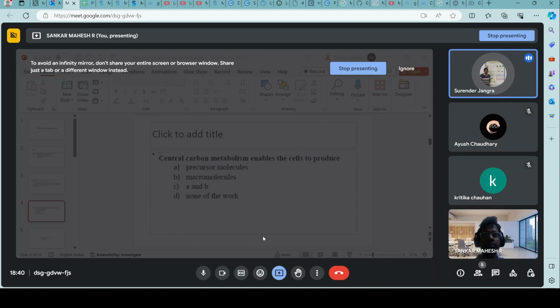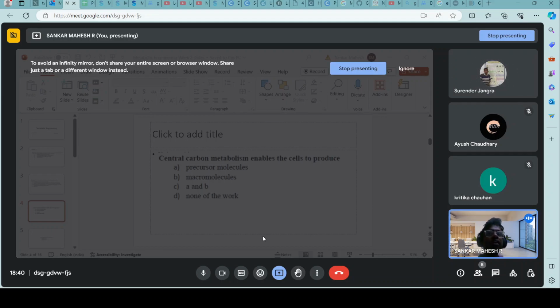By the process of glycolysis and the TCA cycle, many small metabolites are produced, meaning precursor molecules, like pyruvate, acetyl CoA, dihydroxyacetone phosphate. There are 12 precursor metabolites, including glucose 6-phosphate, fructose 6-phosphate, alpha ketoglutarate. So these precursors are used for the synthesis of the macromolecules.